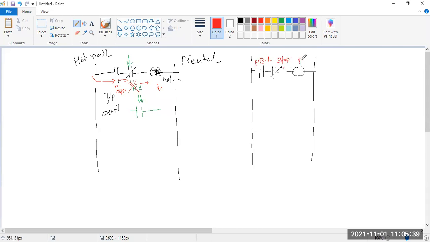That is relay 1. But here there is another path which can supply throughout the programming time. That is called relay 1, the same name. This name and this name should be equal.